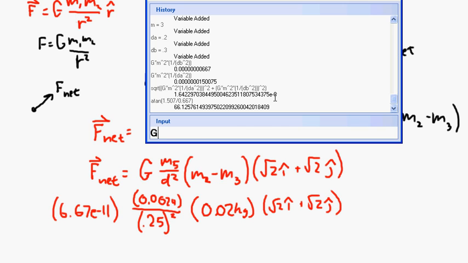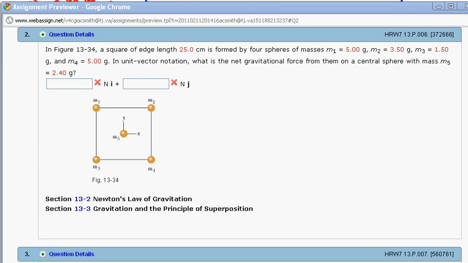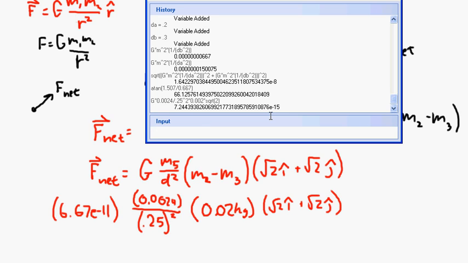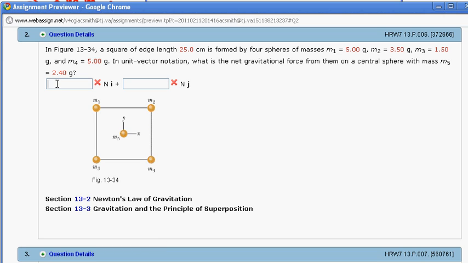This is our capital G we already had defined, times 0.0024 divided by 0.25 squared, times 0.002 kilograms, times square root of 2, and that is going to be our i hat and j hat components. Let's try plugging that in: 7.24e-15.